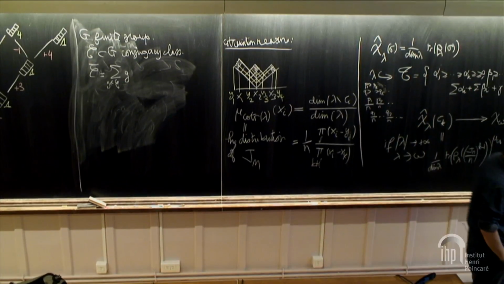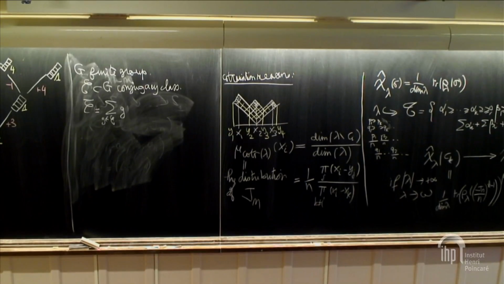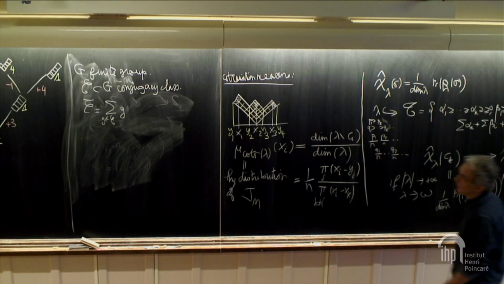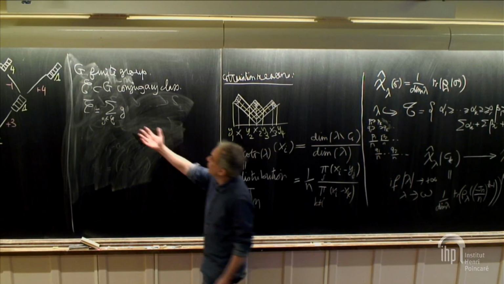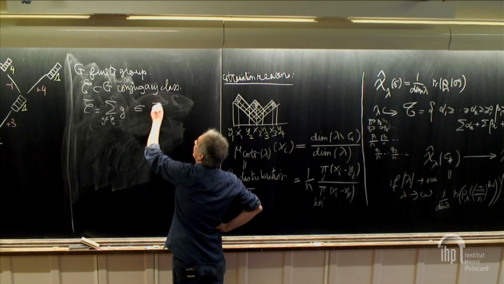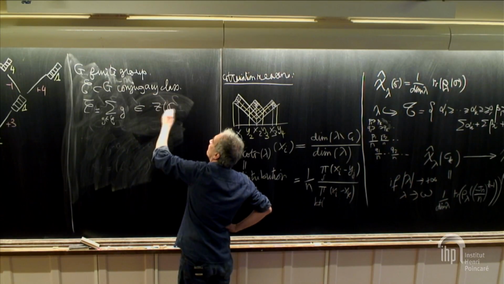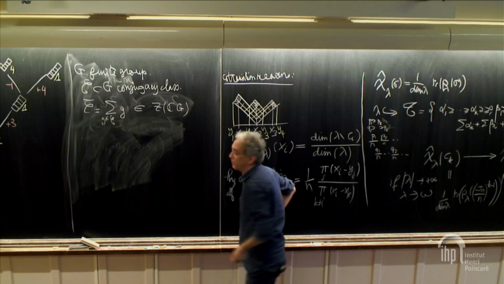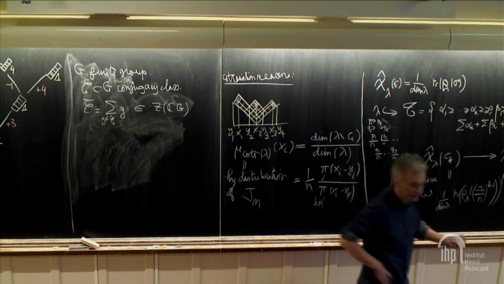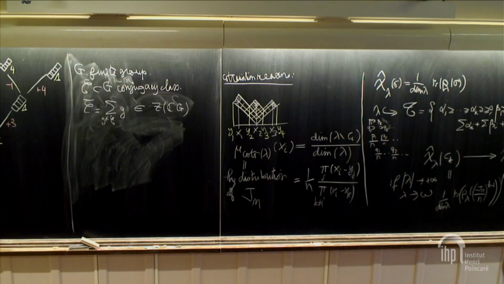It's an element in the group algebra. It's just the sum of all elements in the conjugacy class. Okay. So this element belongs to the center of the group algebra. It's an element in the group algebra which commutes with all elements because it's obvious that it commutes with all elements.